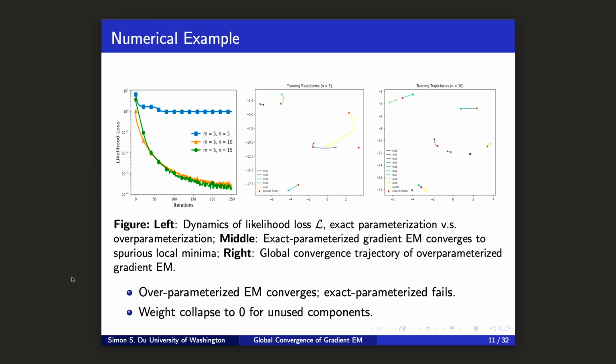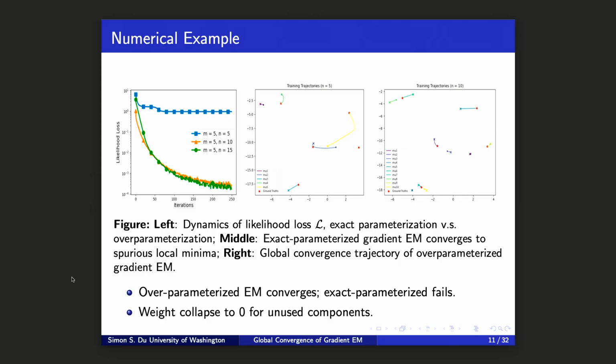Okay, and for this one, this is an over-parameterization case, n equals 10. You can see for each ground truth red star, there is at least one mean cross that converges to the ground truth. For instance, this one, this one, this one, this one, this one. Okay, and you can also observe there are some means that do not converge to any ground truth, like this one, this one.